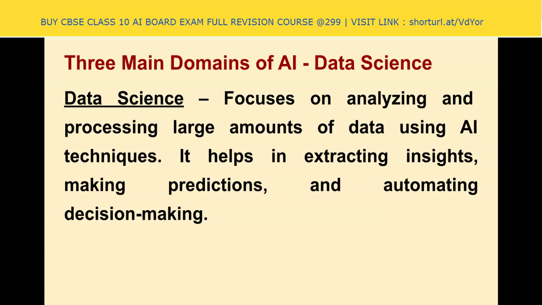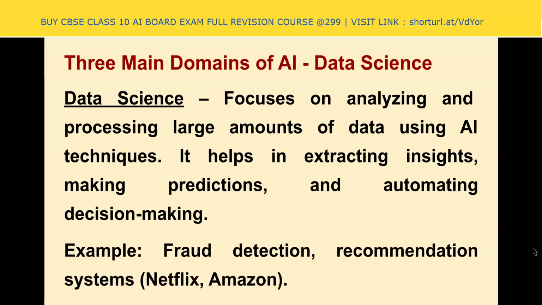Where are the applications of this data science? Just listen first. Data science focuses on analyzing and processing large amounts of data using AI techniques. It helps in extracting insights, making predictions, and automating decision making. Example: fraud detection, recommendation systems, Netflix, Amazon.